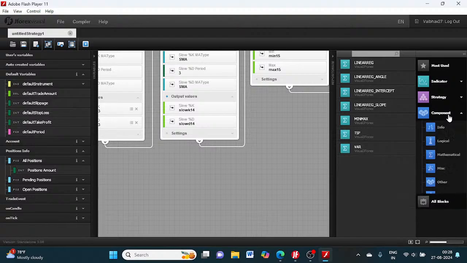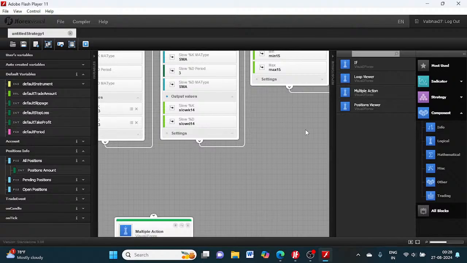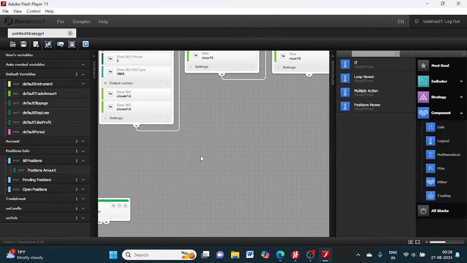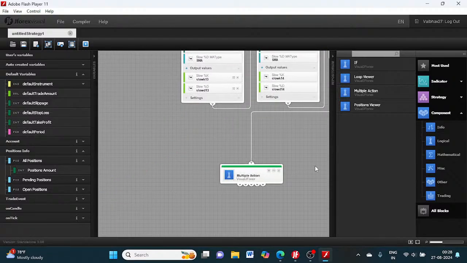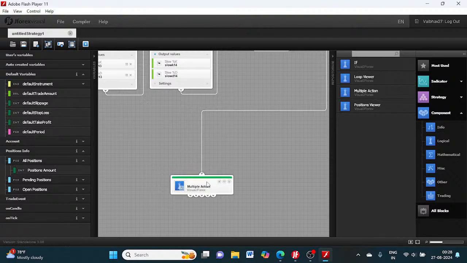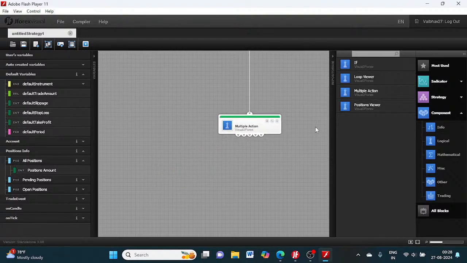So we need the next logical block, multiple action, because we are going to put in conditions for the buy as well as for the sell. I am going to join it to the multiple action, and here we'll create two sides, one going for a buy trade, one going for a sell trade.